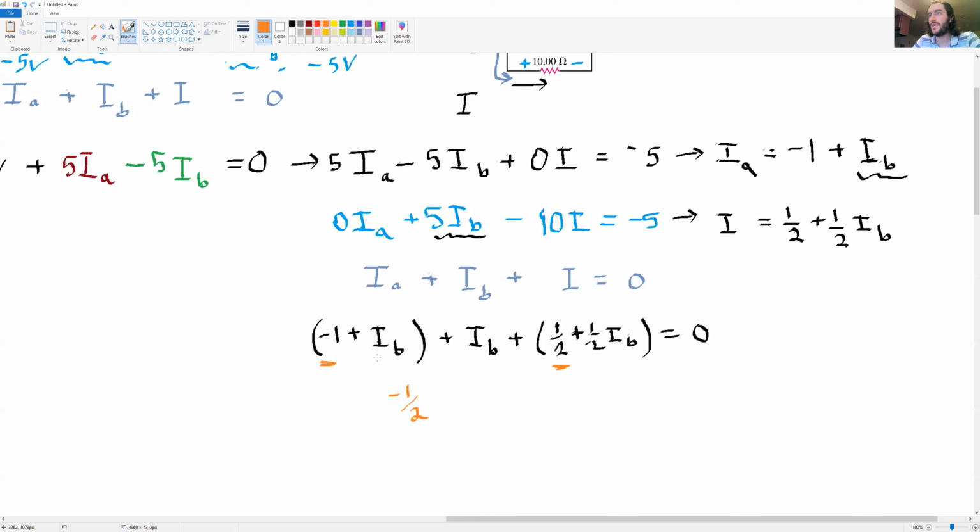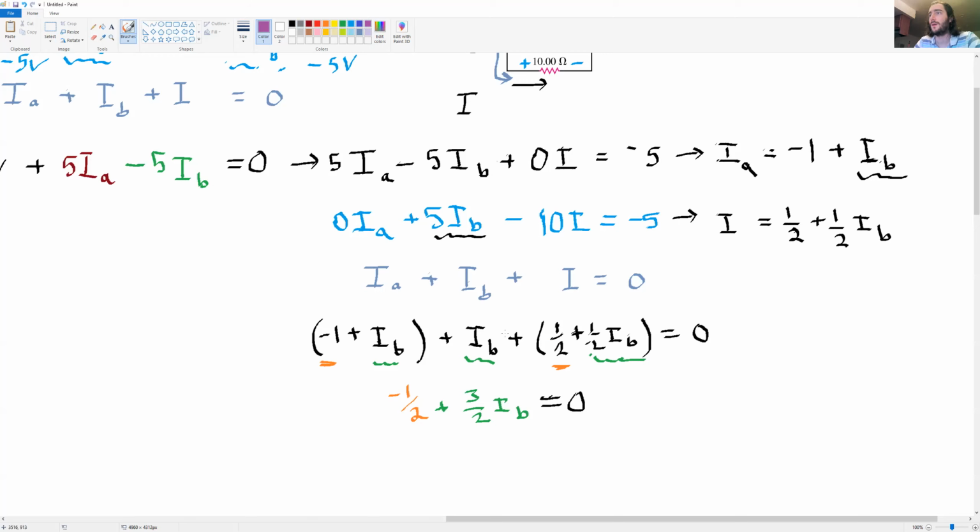We have IB plus IB plus 1/2 IB is 3/2 IB, lowercase b. And that should be equal to 0. And so if I solve this, what I'm going to end up with is that I have 3IB equals 1, right? So IB is going to be 1/3 of an amp.